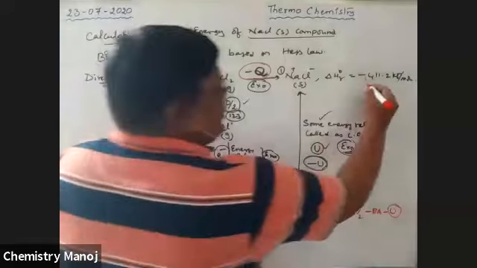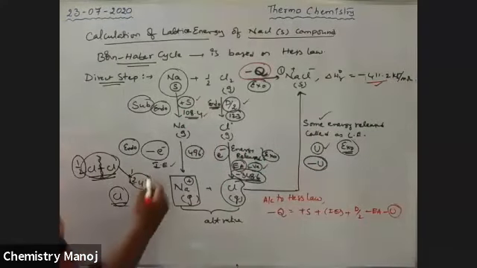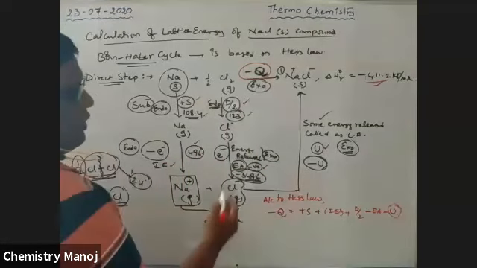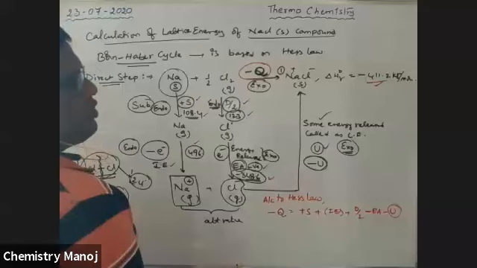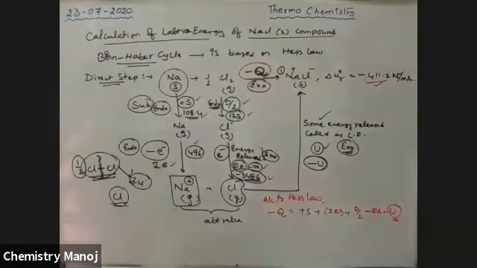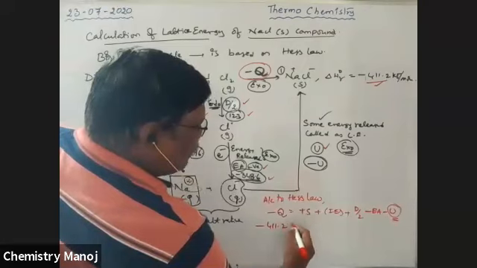Q value is this much. This is sublimation energy, this much. Ionization energy, this much. And D by 2 value, this much. Electron affinity value, this much. So except this U value, we know all other values. Substitute all those values. That is minus Q, that is minus 411.2.